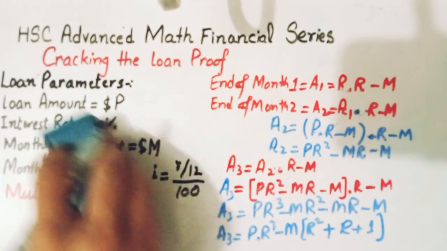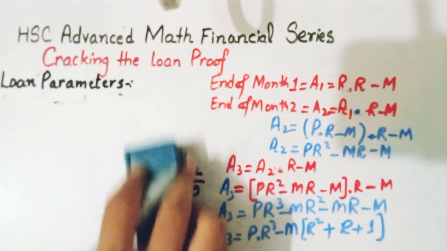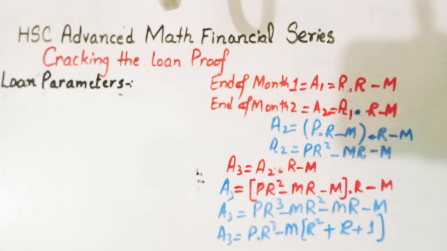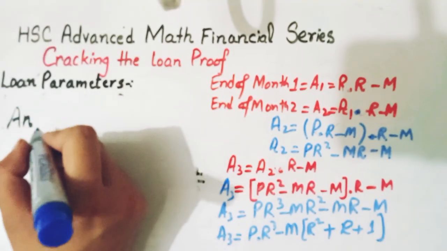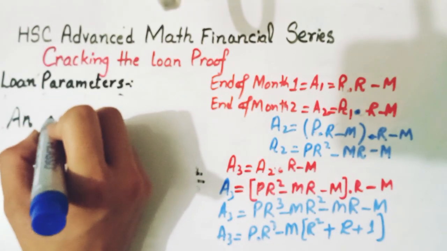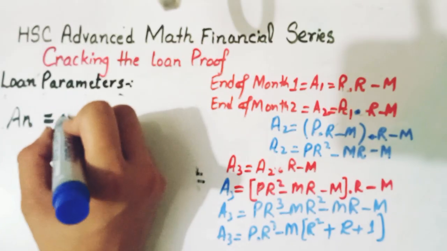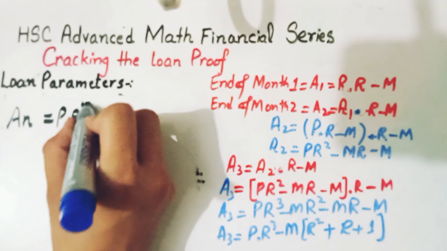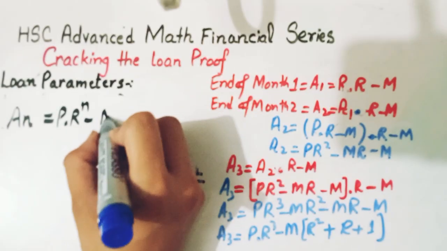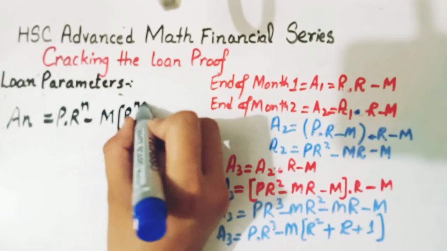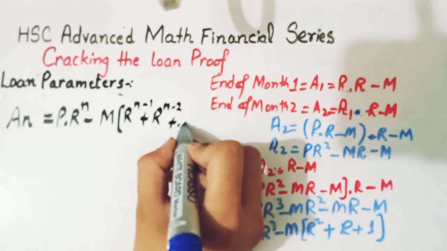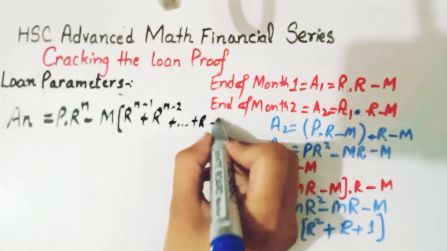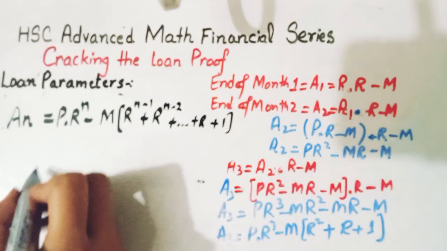Now we have the value at the end of the month will be A n. So what will be the value of A n? A n equals P into R to the n, minus M into R to the n minus 1 plus R to the n minus 2 plus, up to R plus 1. Now what will be the value?